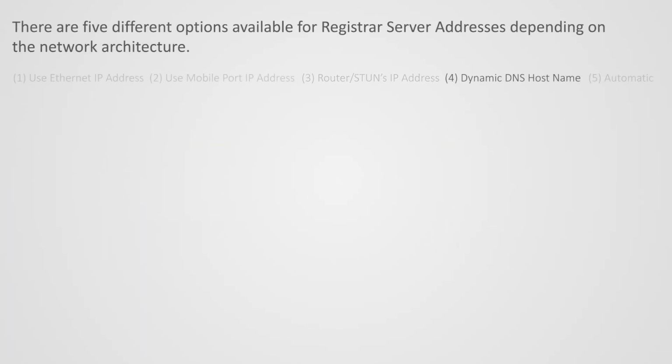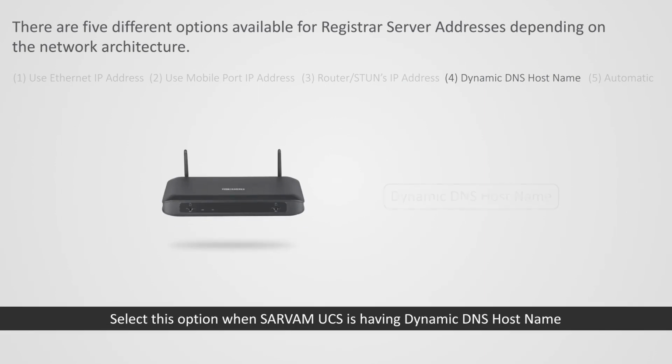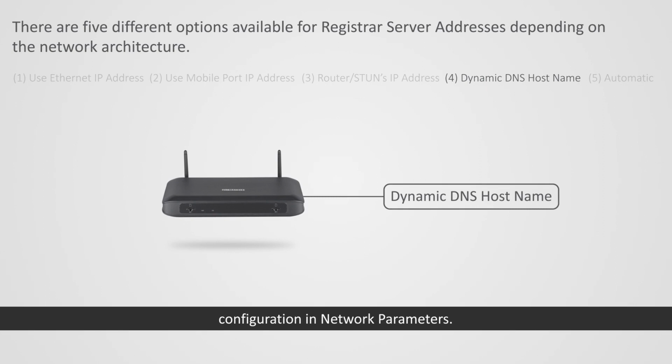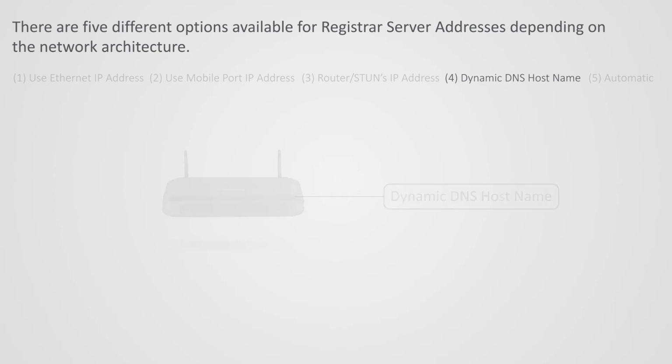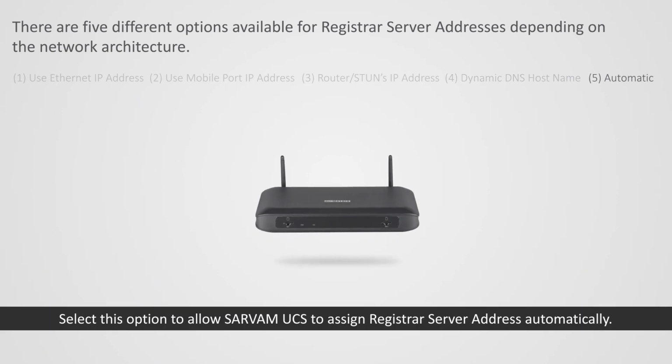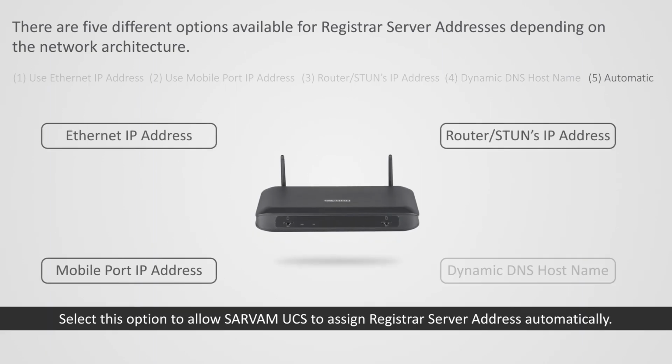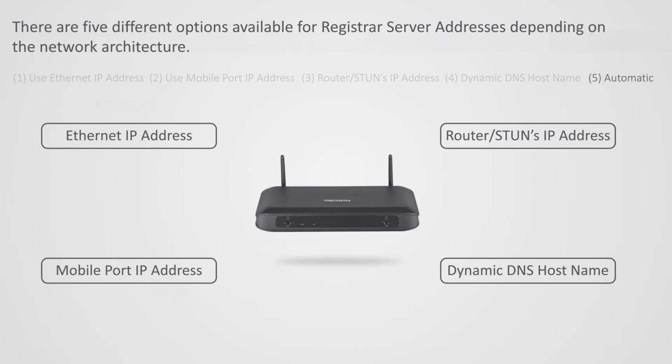Use dynamic DNS host name. Select this option when SARVAM UCS is having dynamic DNS host name configuration in network parameters. 5. Automatic. Select this option to allow SARVAM UCS to assign registrar server address automatically.